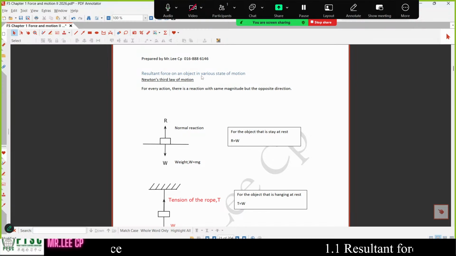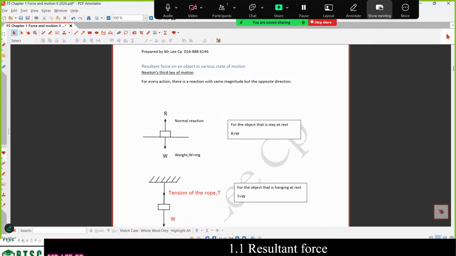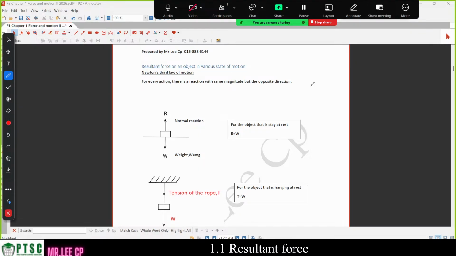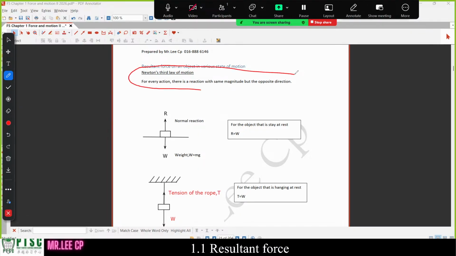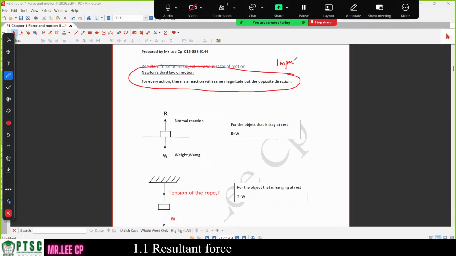Resultant force of the object in various states of motion. Newton's third law says that for every action there is a reaction with the same magnitude but opposite direction. You have also learned this in Form 4, which is impulse and impulsive force.